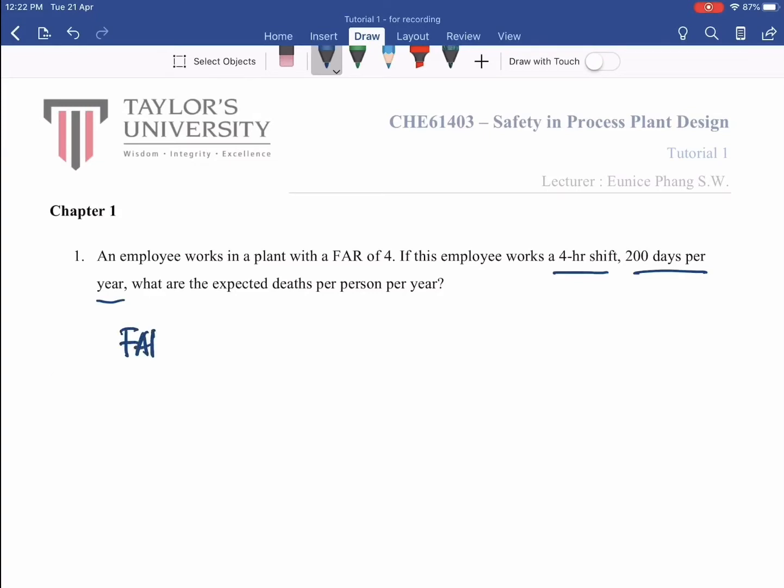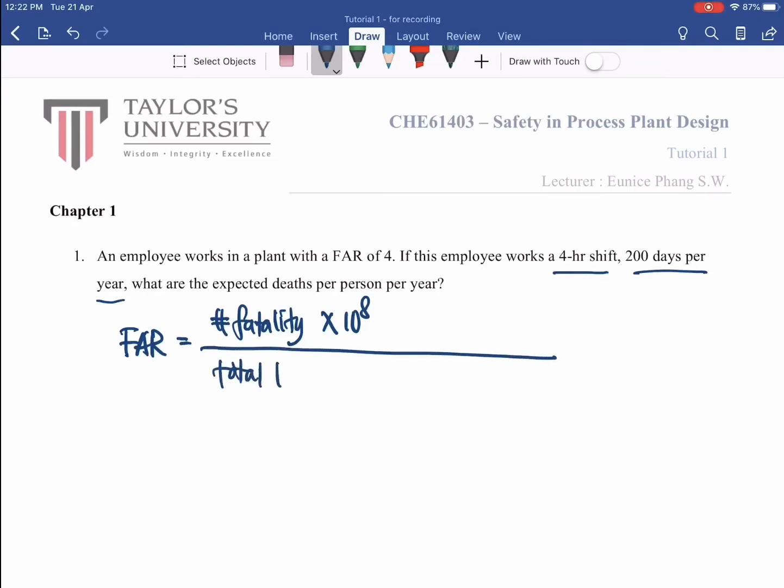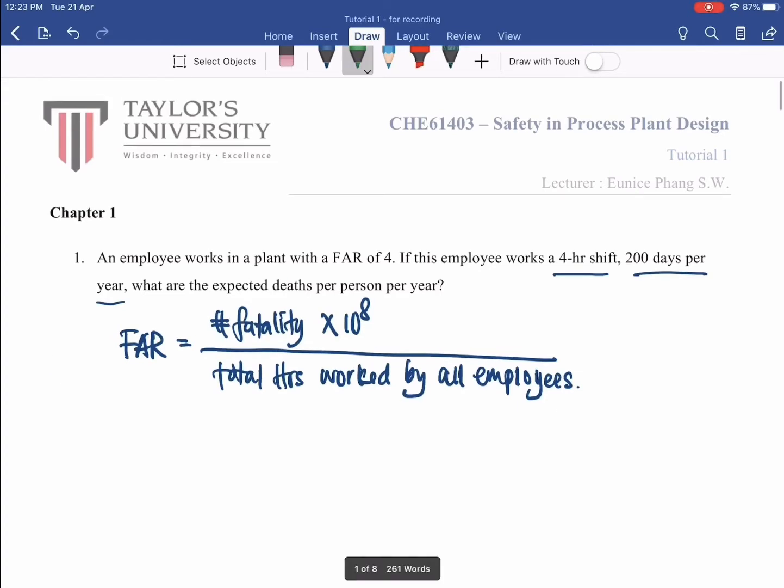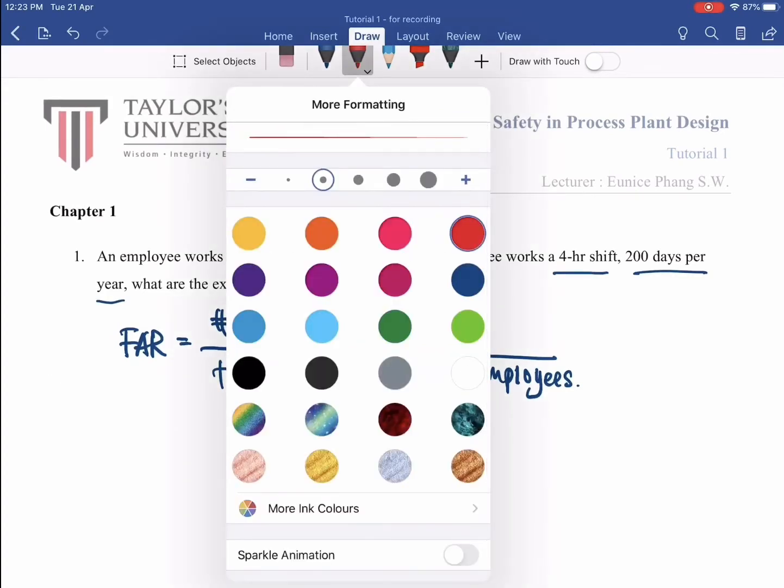So FAR is given as number of fatality times 10 to the power of 8 divided by total hours worked by all employees. First of all, we may want to look at how we get the 10 to the power of 8.